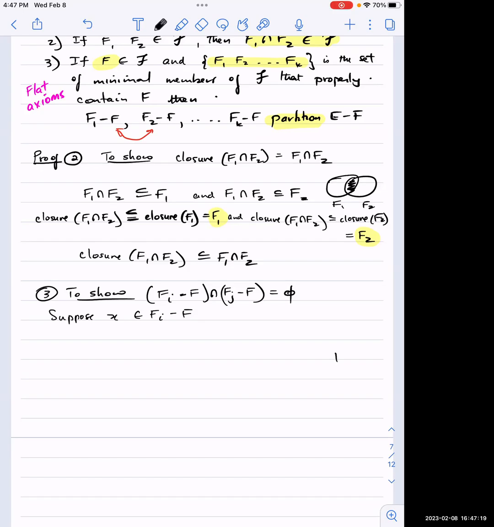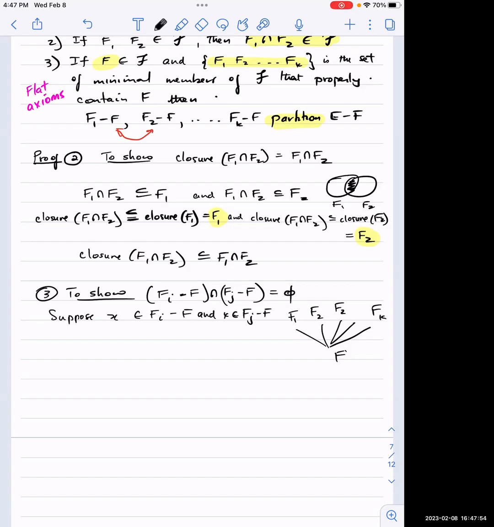So a picture would be like this: this is F, and you have all these minimal non-empty flats containing F. So suppose there's an X in Fi minus F and X in Fj minus F. So there's a member in F1 minus F and F2 minus F, for example.